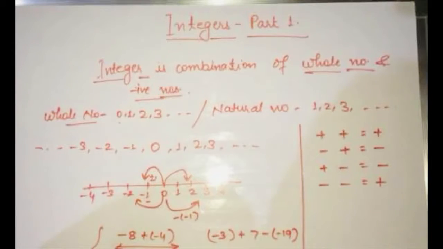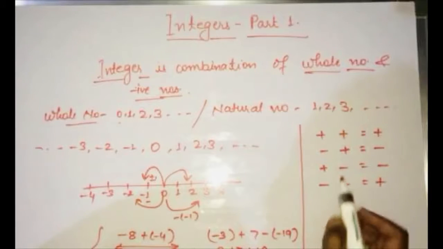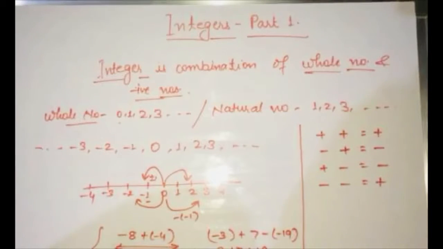The -3 I will keep like this, because there is no other sign. Plus 7, there is no other sign. Now minus and minus, minus minus means plus, keep plus, and then you write 19. Now we'll solve them one by one. First we will take the first two. Minus plus minus means you will do the subtraction. So 7 minus 3, 4.